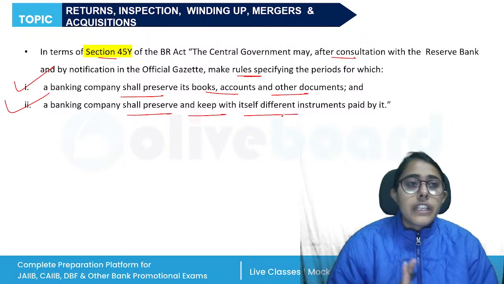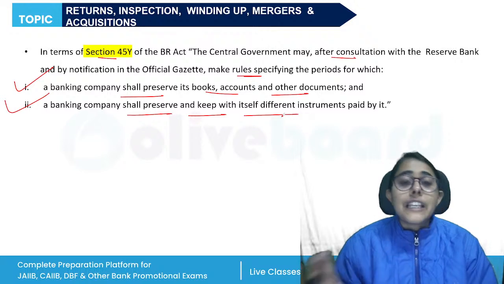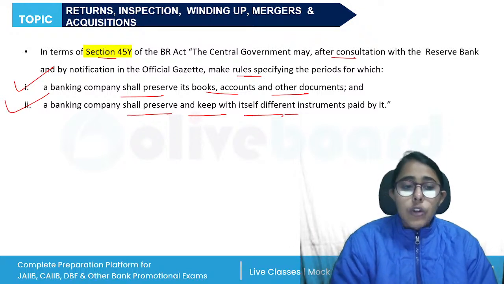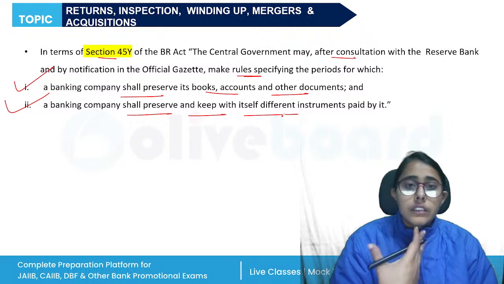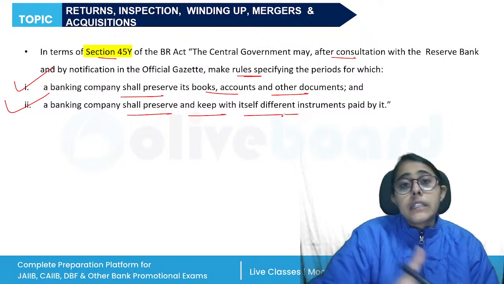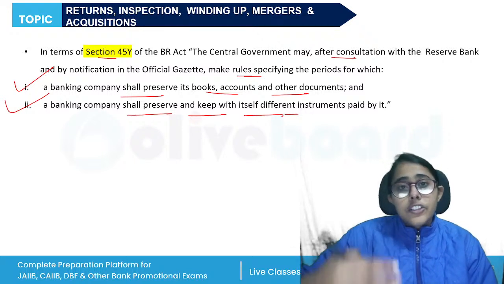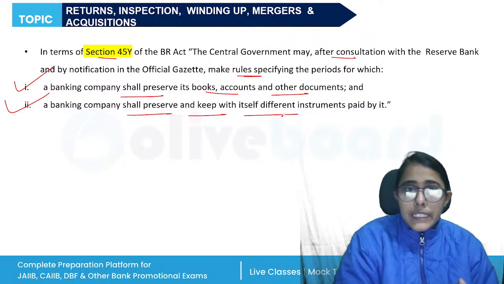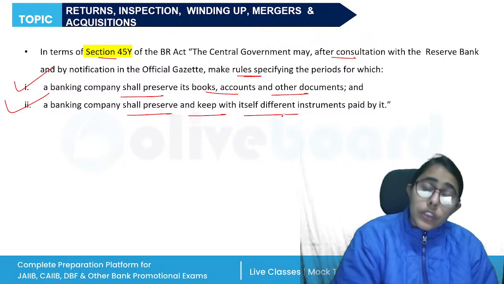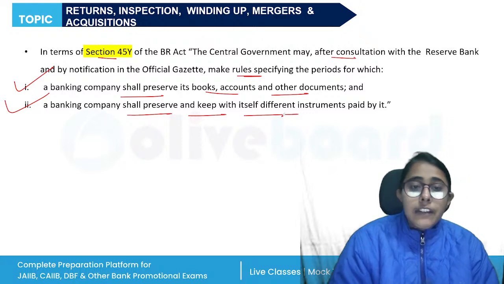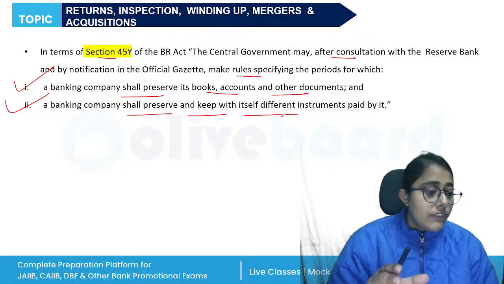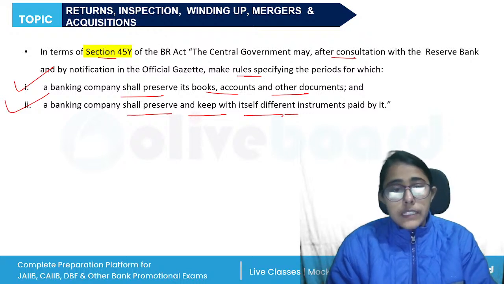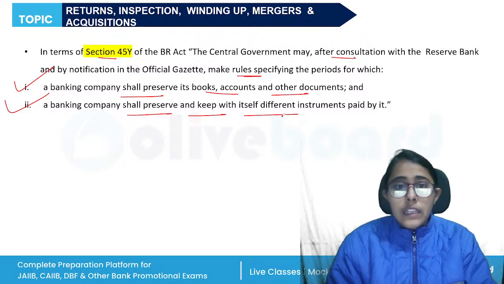Like when we'll be talking about the Prevention of Money Laundering Act, to ensure that the information is maintained, for a certain period all the transactions above a certain limit will be maintained, the documents will be maintained, even after the closing of the account the documents will be maintained, right? We will study this in detail when we study the Prevention of Money Laundering Act in the next module, right?